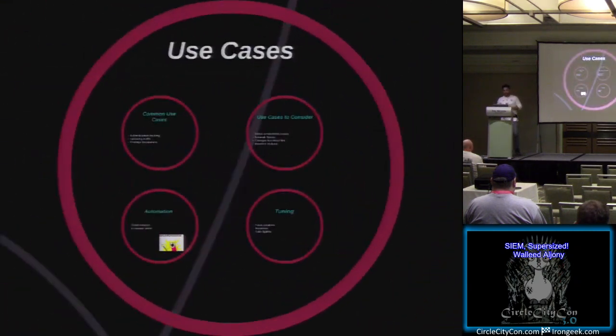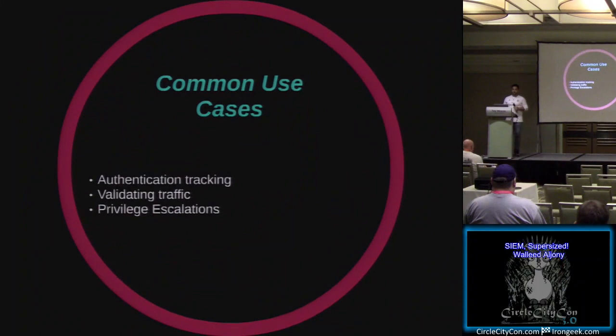Some use cases that are being utilized within SIEM could be authentication tracking, for example, with brute force authentications. If you have multiple login failures within users, that's something that you actually want to check for. SIEMs do usually have a plug-and-play option. When you plug in a SIEM, it usually has some rules created within there, which is stuff that is considered simple for SIEMs, but it is always good to still be monitoring it.